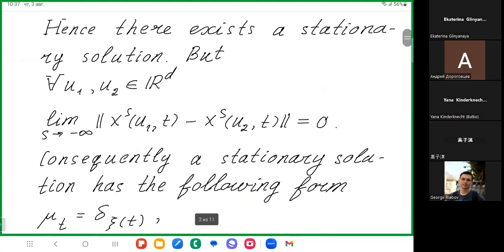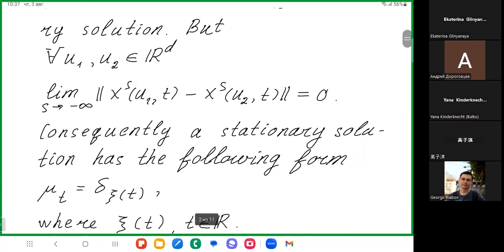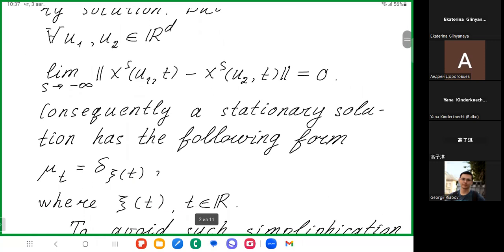So the stationary solution has the following form. Mu t is concentrated in one point. All particles of our system in the stationary case are glued together, and we have some stationary process psi t, and this large, fat particle just moves around the space. That's all.